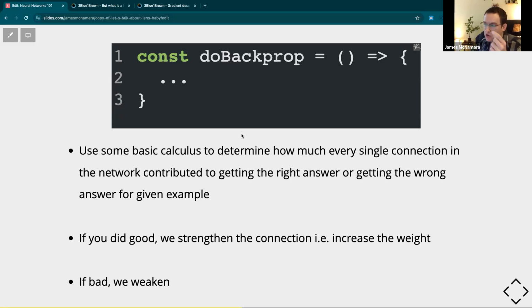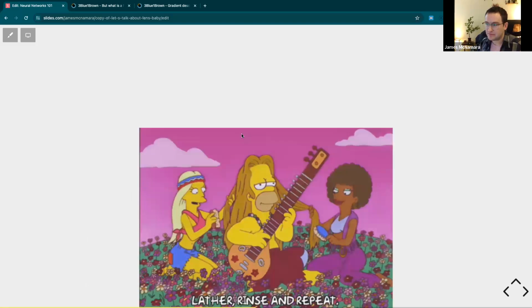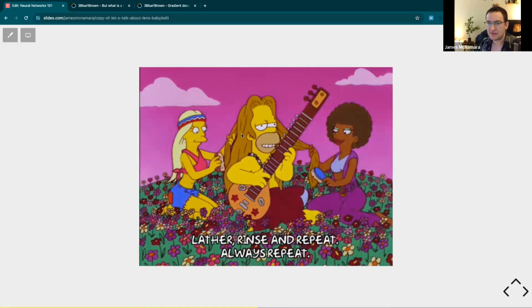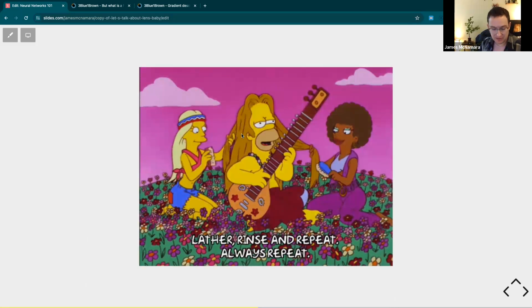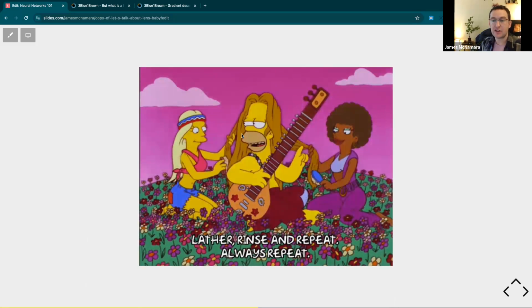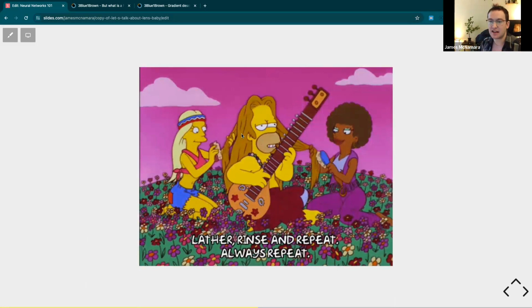But we'll make a small change, and then just lather, rinse, repeat over and over again until our network is outputting something that is very close to our expected behavior. This handwritten digits thing has like a 99.7% accuracy.